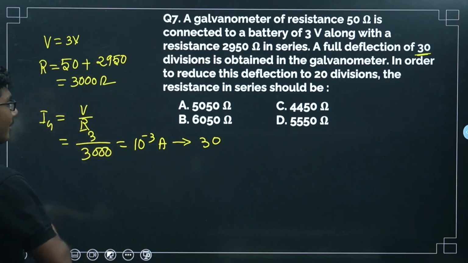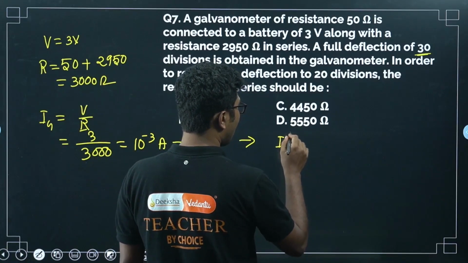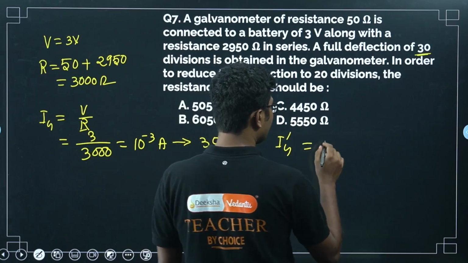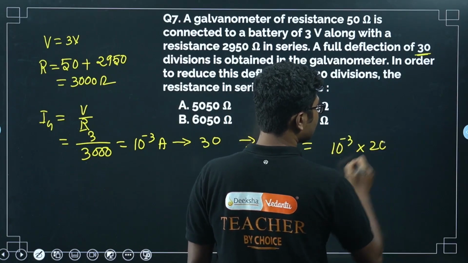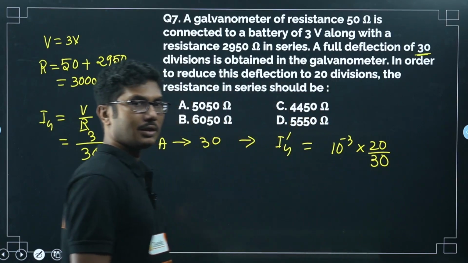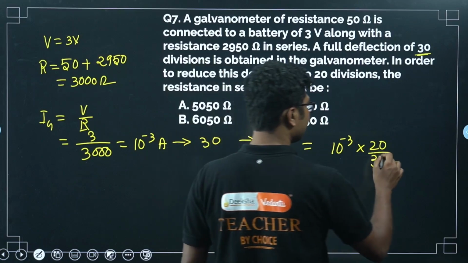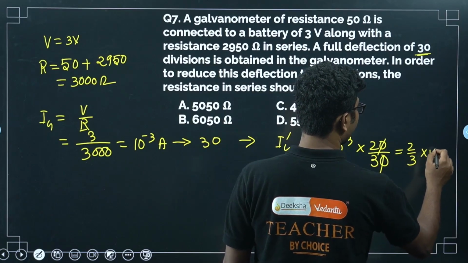So for 30 scale divisions this is the current. To make that 20 scale division, suppose I require a current of Ig dash, that should be equal to this current, 10 to the power of minus 3, times how much we need? We need 20. How much it was? It was 30. Simple unitary method. 2/3 times 10 to the power of minus 3.